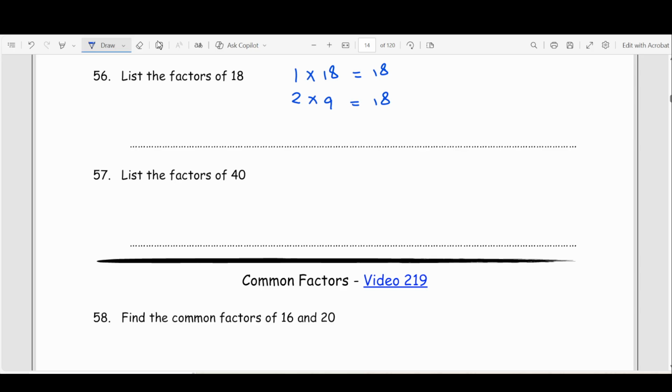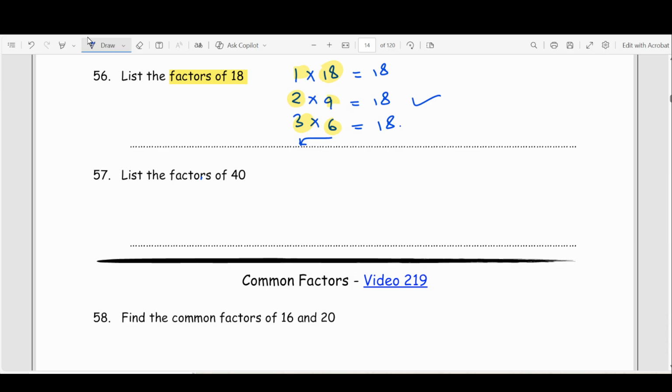Then check in 3 times table. 3 times 6 is 18. Then again, if you check 4, 5, 6, again 6 would repeat, right? So you don't need to do 6. All these numbers 1, 18, 2, 9, 3, 6 are the factors of 18. That's how we do. You have to stop when the same number is repeating.